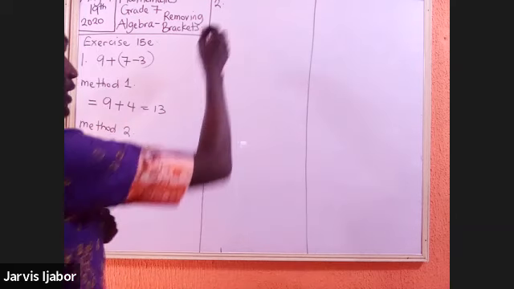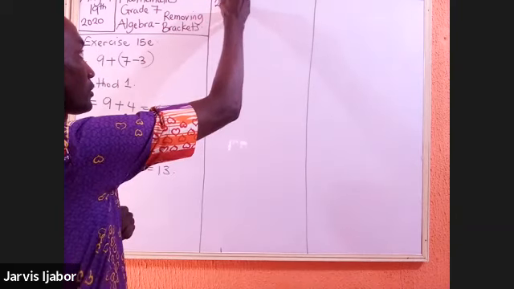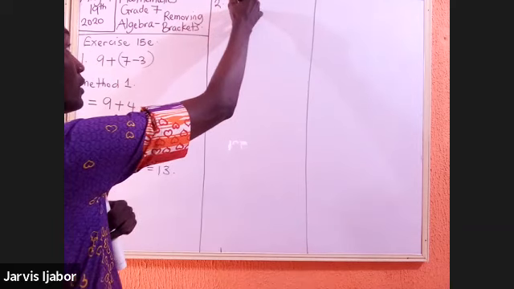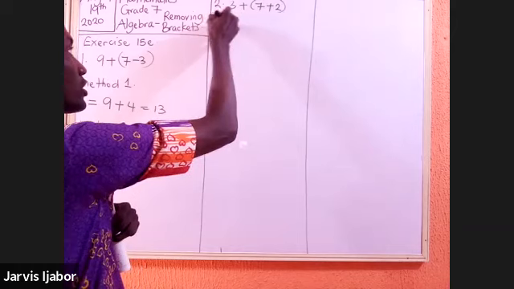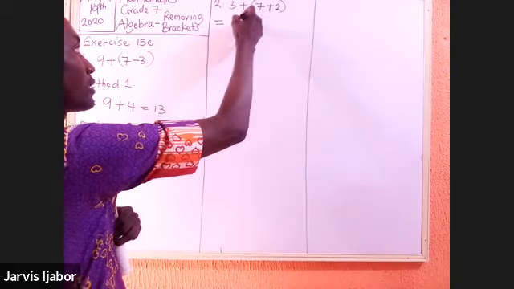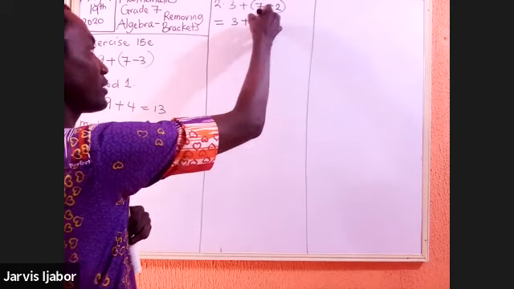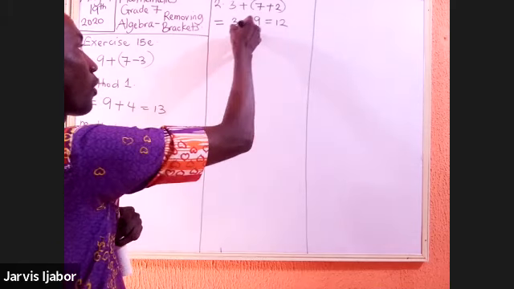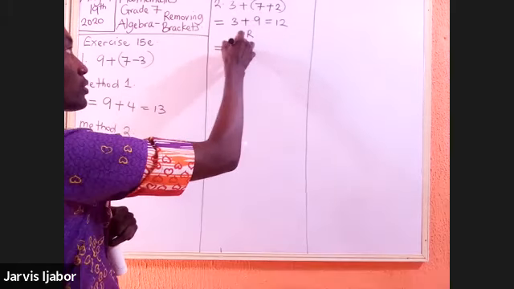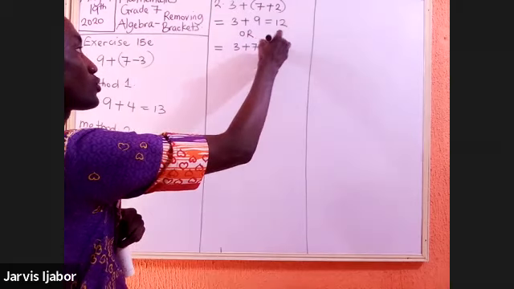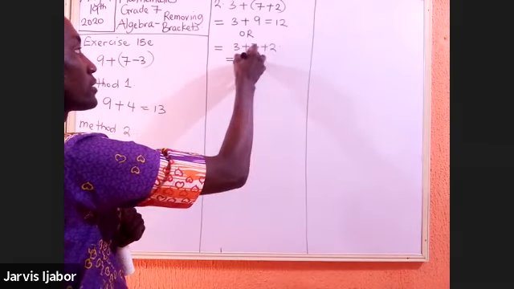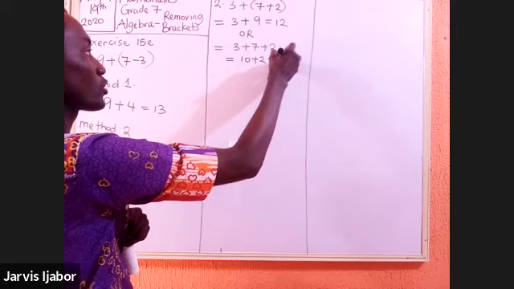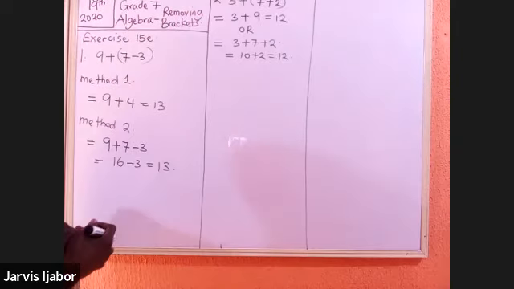We have 3 plus, bracket, 7 plus 2. So this will be equal to 3 plus 9, which will be 12, or it will be equal to 3 plus 7 plus 2. And that will give me what? 10 plus 2, which will be equal to 12. You see that the answer you get is the same.